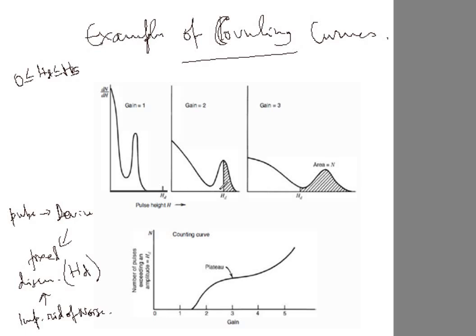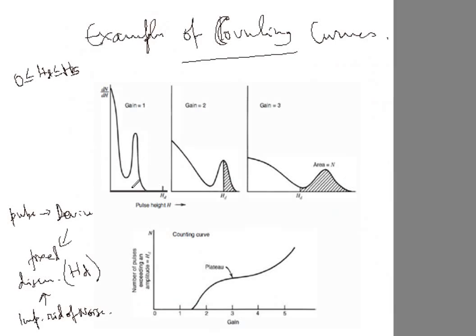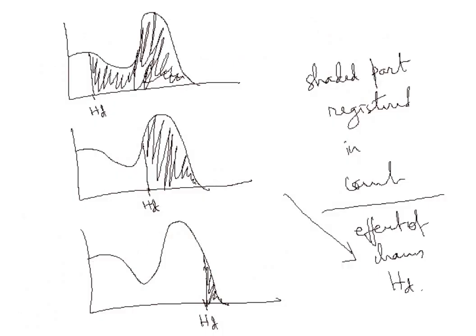So HD is the same each time. Unlike this other figure, where I am changing the HD, in this plot I have fixed the HD, gain changes, right? Whereas in this plot over here, HD changes but gain is fixed.